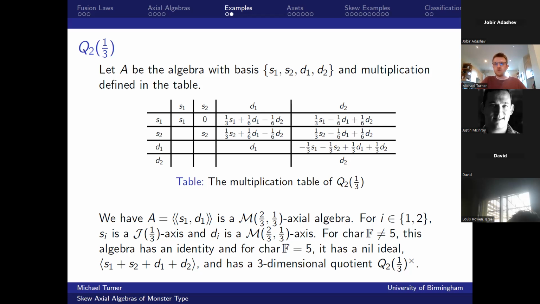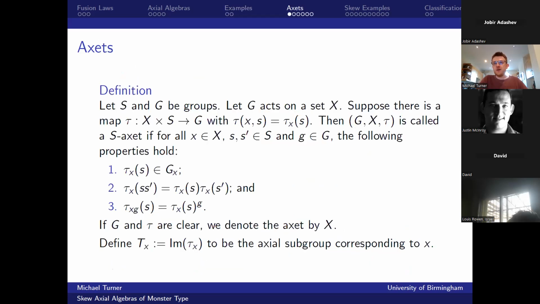Okay, so hopefully I've convinced you that axial algebras do exist. And so we're going to take a turn now to something called axets. So axets were defined by McInroy and Shpectorov in 2021. However, they did do some work beforehand with something called closed subsets of axes, I believe.